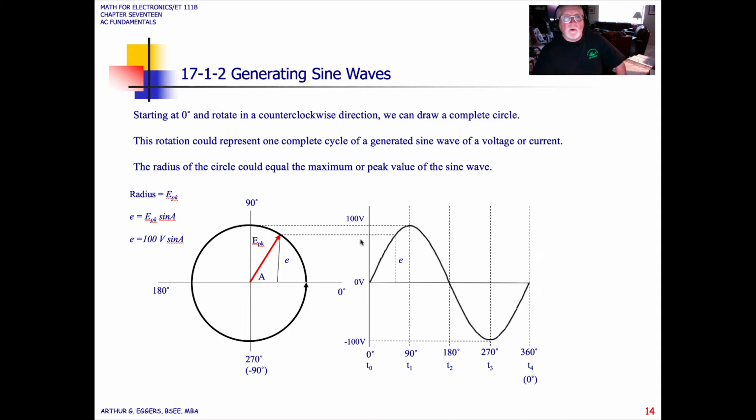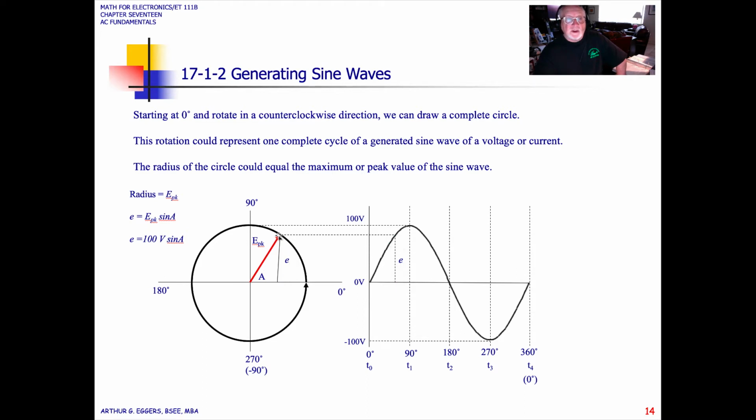So we've got a one-to-one correspondence between the angles and the circumference on the circle that we have with the sine wave. And the thing to keep in mind is that the height of the sine wave here, the amplitude, matches the projection of the height on the circle.